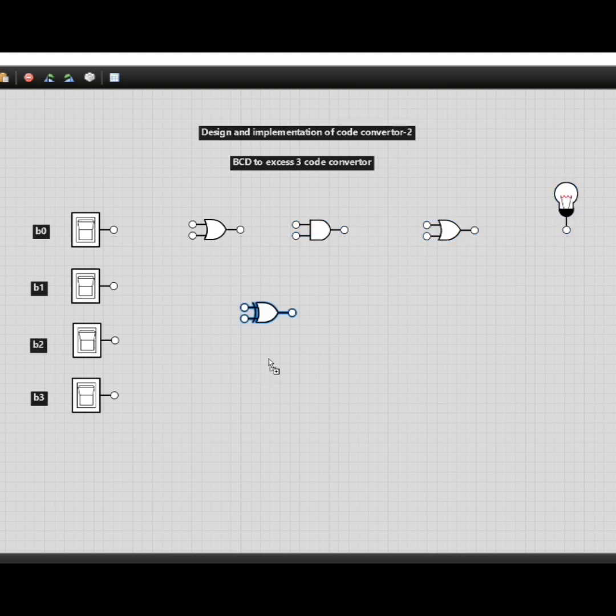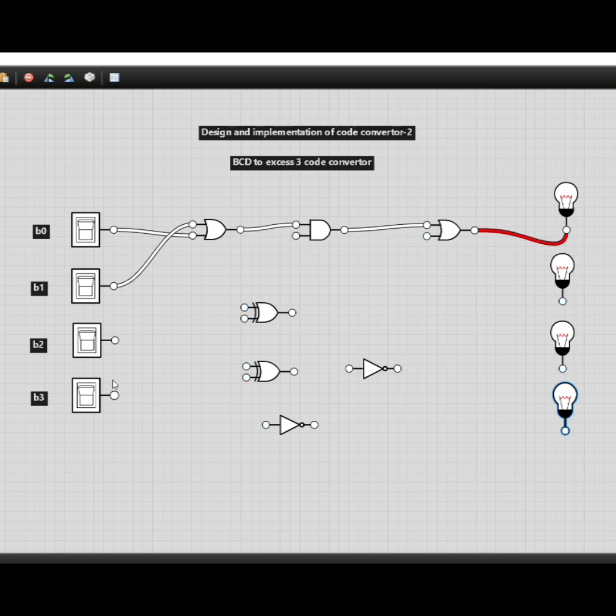The circuits we need are two XOR gates, two OR gates, one AND gate, two NOT gates. We get 4 outputs.